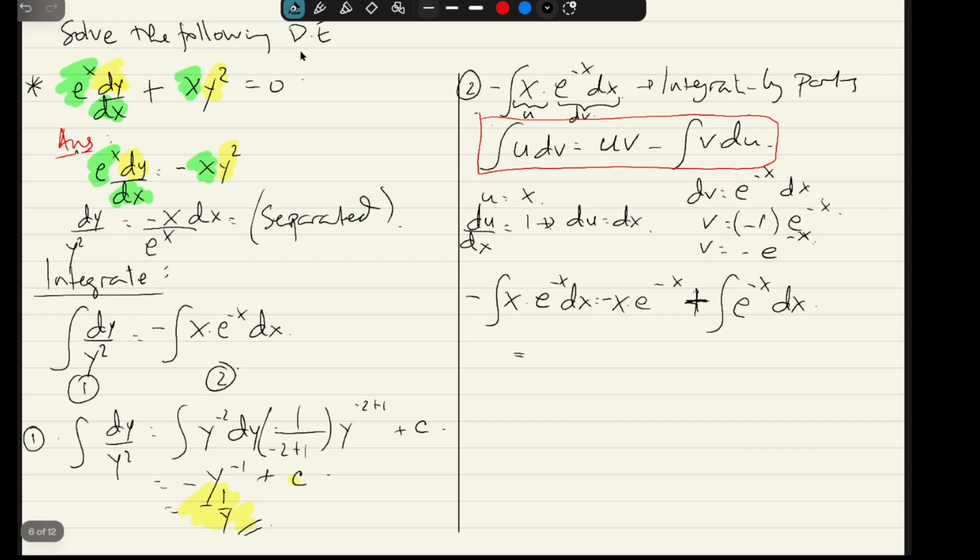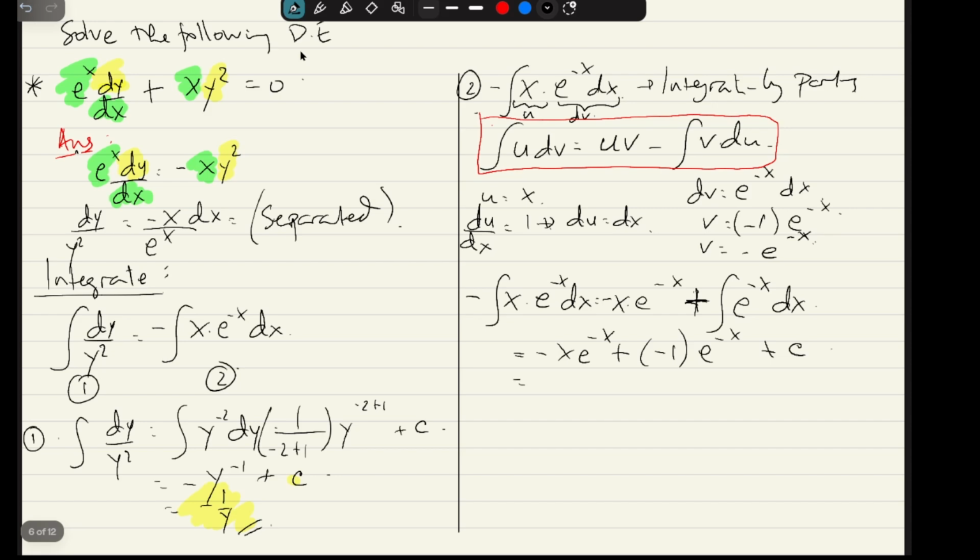So moving on, we have negative x e to the negative x plus the integral of e to the negative x, which is simply negative 1 times e to the negative x. Okay, so that's the solution.